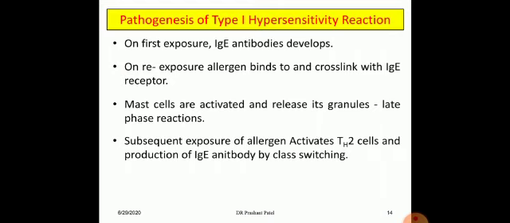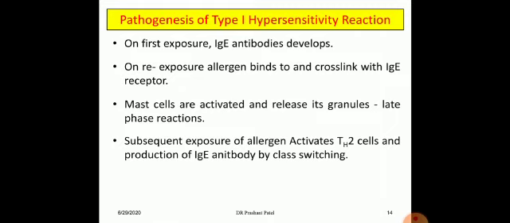Pathogenesis of type 1 hypersensitivity reactions. On the first exposure, IgE antibodies develop in individuals. On re-exposure, the allergen binds and cross-links with IgE receptors. Mast cells are activated and release their granules. In that case, late phase reactions develop.